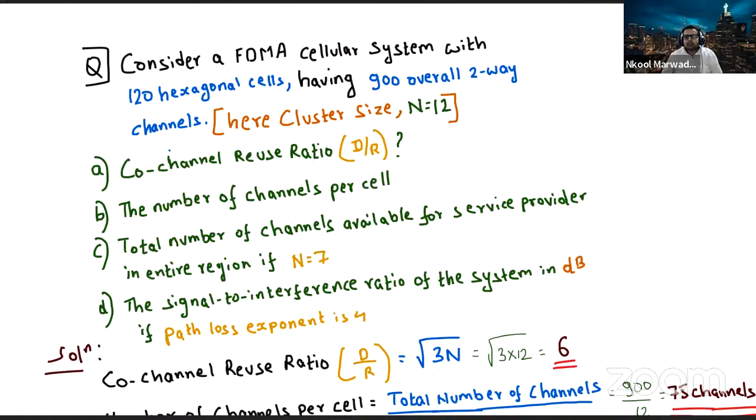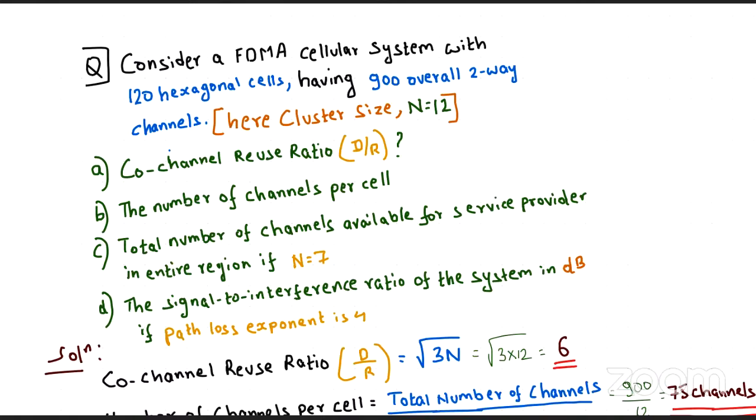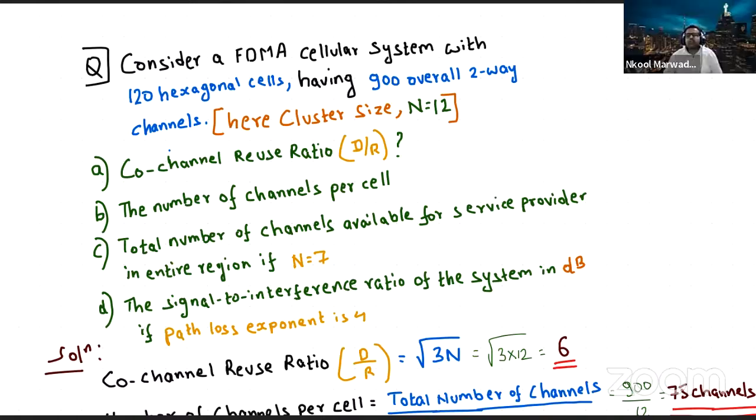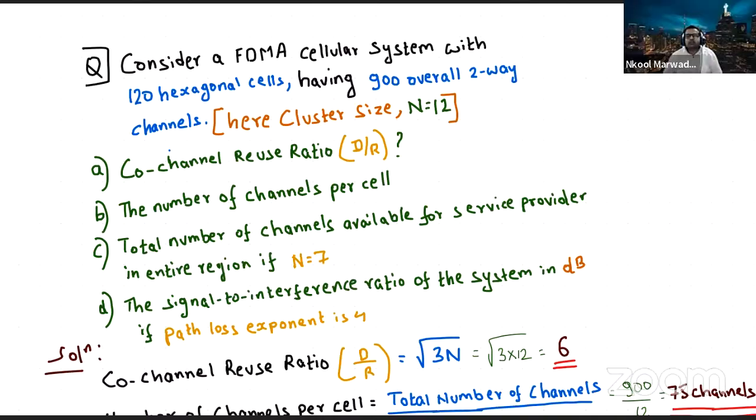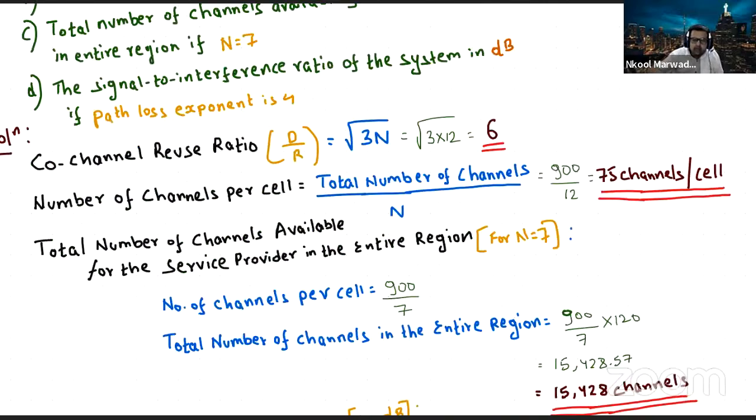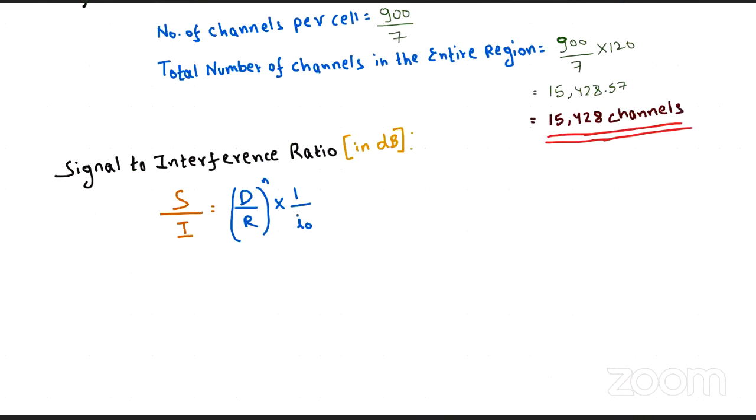Every base station has 6 co-channels, meaning cells with the same frequency group. So I naught will be the same as D by R every time.